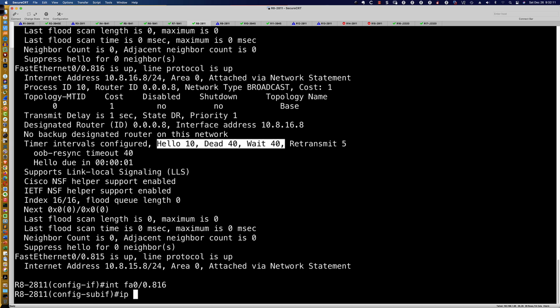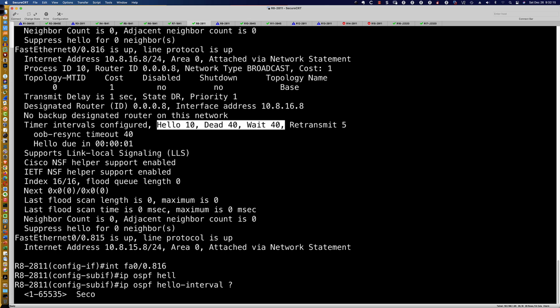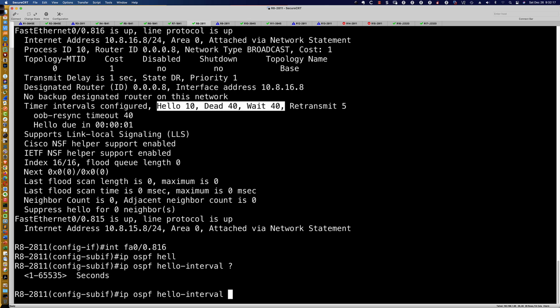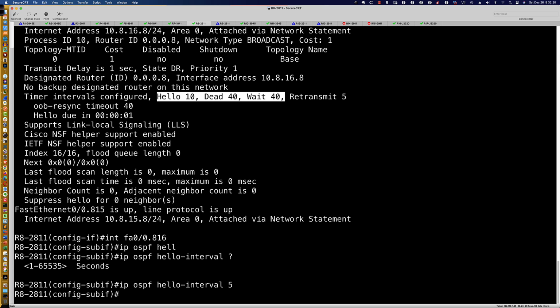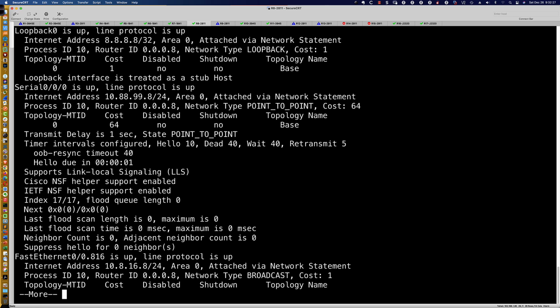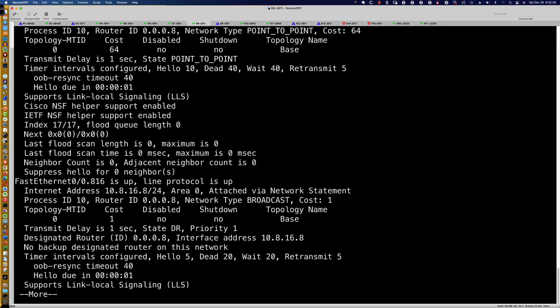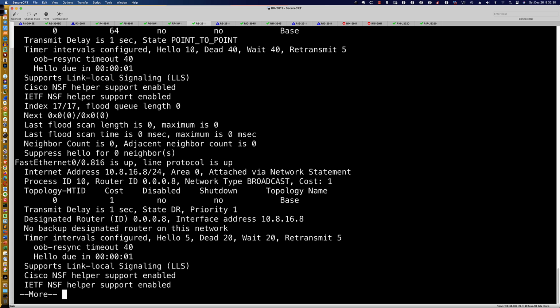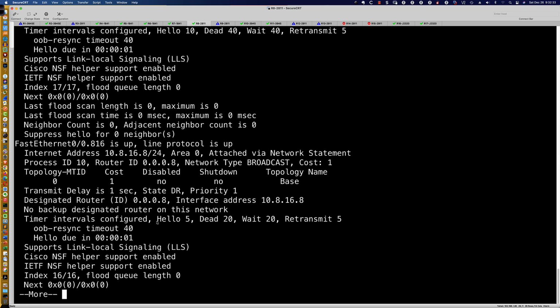Now, what if I go into interface FastEthernet 0/0.816, and I say IP OSPF hello interval, and again, I can shrink this down. Let me say 5 seconds. So now if I say do show IP OSPF interface, and we come down to 816, take a look at what happened. What happens on real Cisco IOS?